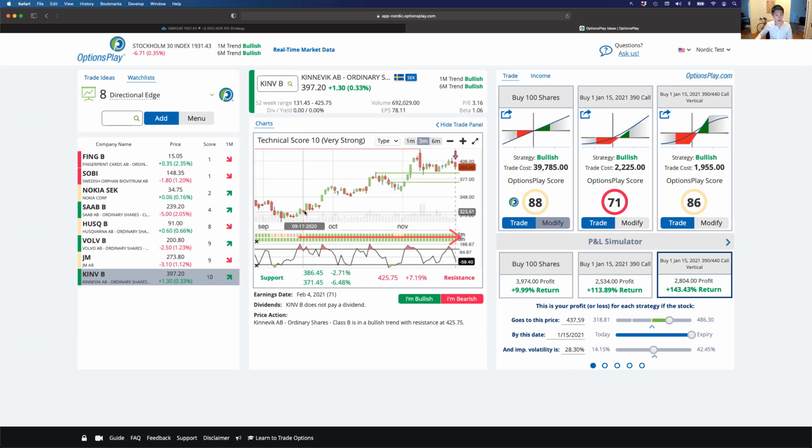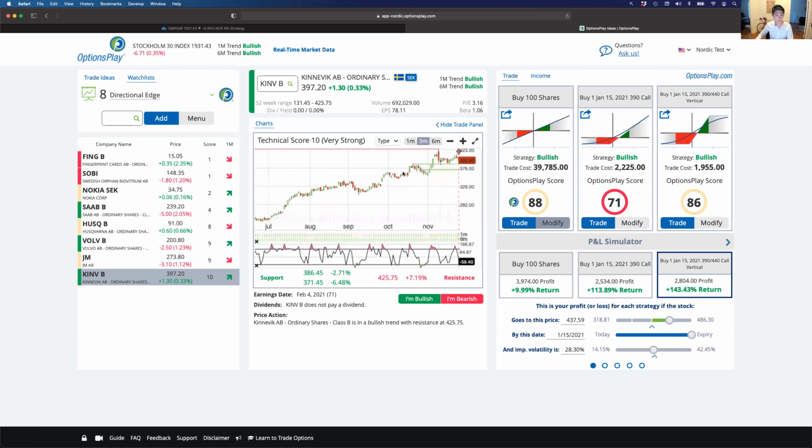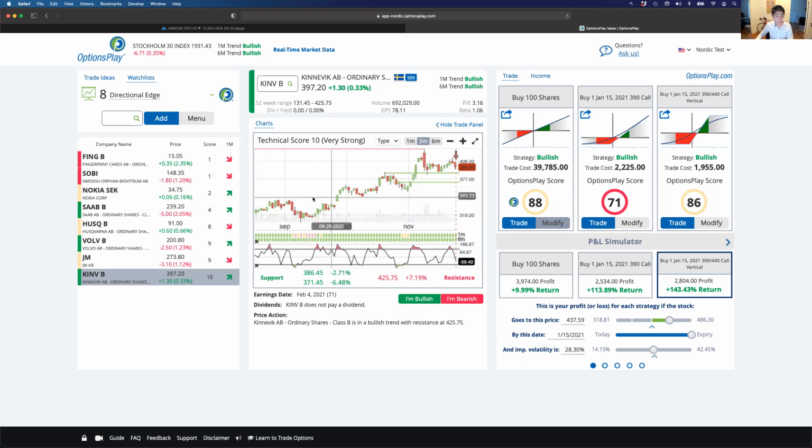If you discovered this stock back here in September, when it actually struggled for a little bit of time from a trend analysis perspective, as you can see during mid-September, and then started to resume that bullish trend again, that would have been a good time to get in. In my opinion, this is a little bit late because this trend is already almost 3 months old here.